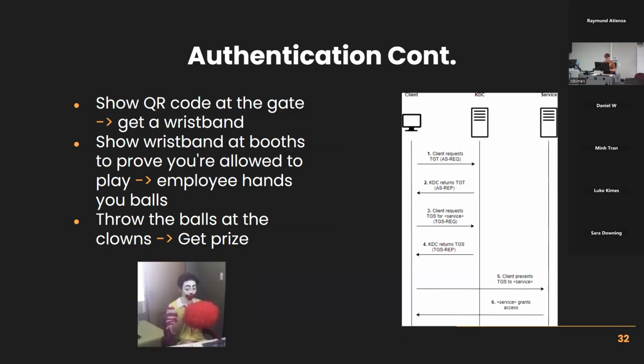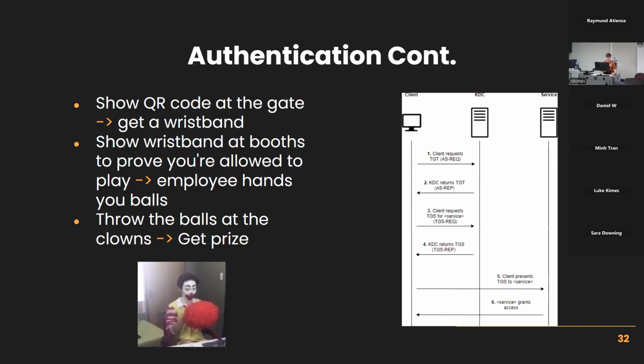So here's a decently thorough visual of how that authentication works, as well as a fun little analogy if you don't quite get it yet or understand exactly how it works. It's similar to when you go to a concert, you show them your ticket, which is like your authentication method, like your proof.